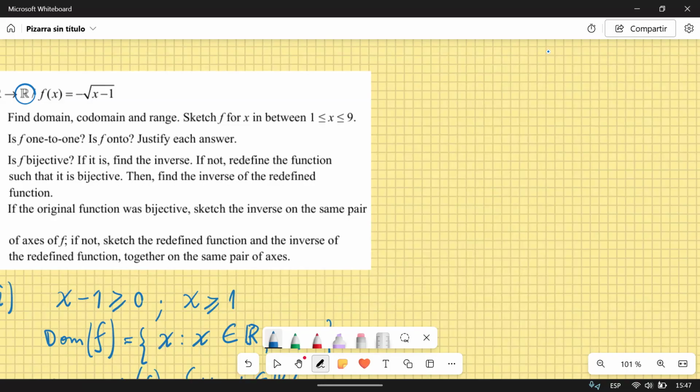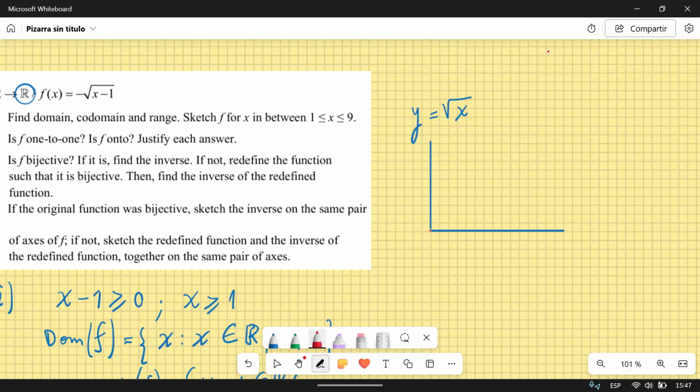If I consider the y equals root of x function, I know that this function has the following graph. When x is 0, y is 0.